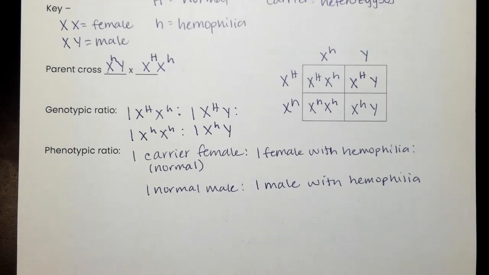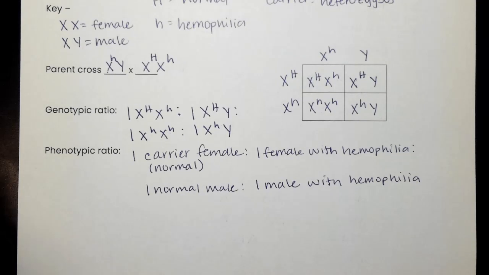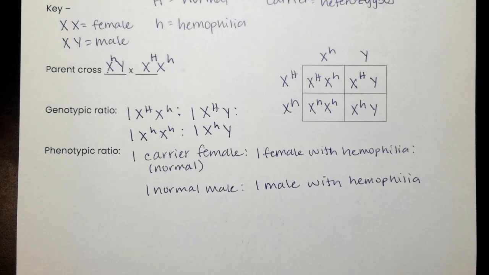If you were asked what percent of the total offspring would be normal, you would look at all 4 of them. Again, in this case, it would be 50%. Or you could be asked about the males. What percent of the males would have hemophilia? So 1 out of 2, again, would be 50%. So you have to be really careful what they're asking you for in these types of problems.